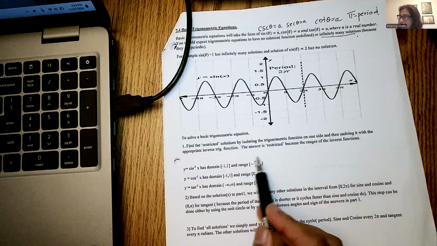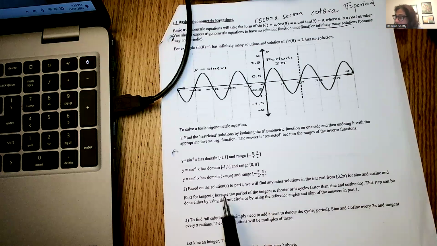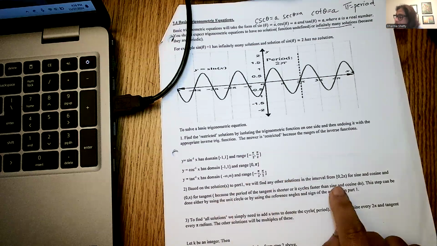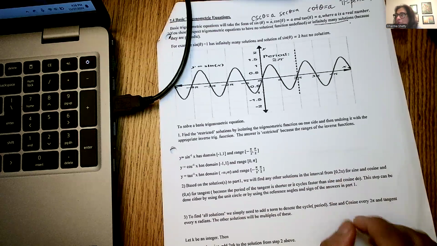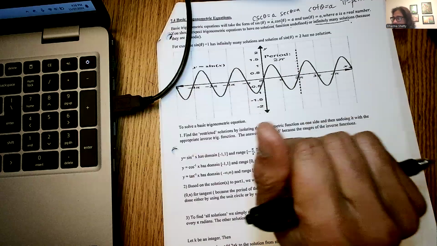The range for sine is this, for cosine it is 0 to pi, and for tangent it is this. Based on the solution to the first part that we find, to find all the angles between 0 and 2 pi, we will use the reference angle to find all of it, okay?